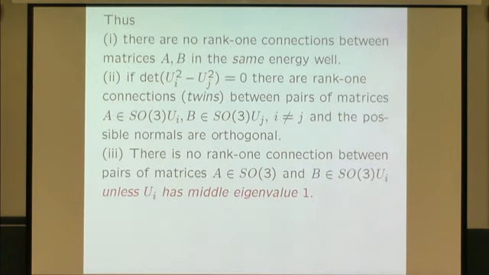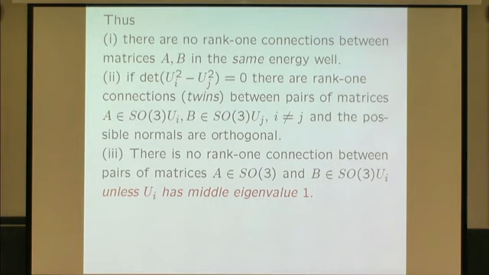Okay. And finally, suppose you take the austenite well, so SO(3), and one of the martensite wells. Then if you check what the result tells you, it tells you that there's no rank 1 connection unless U_i, the Martensite variant, has middle eigenvalue 1, which of course generically it will not do.